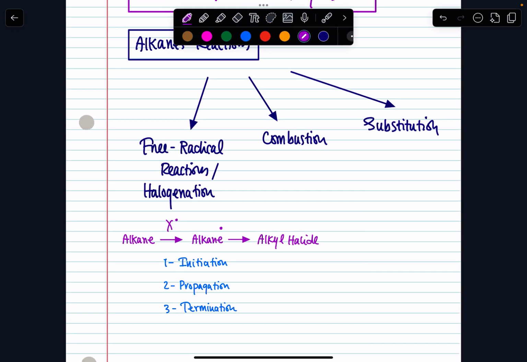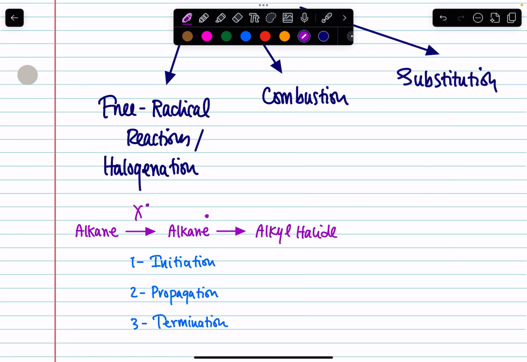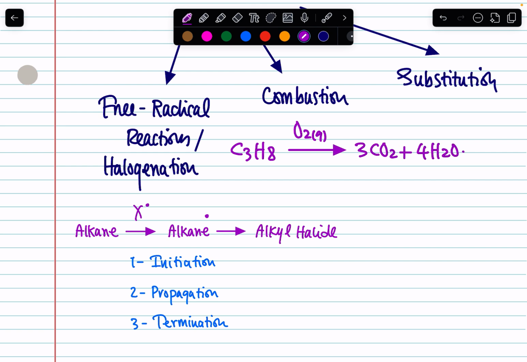Combustion reactions should be easy for you guys. You've seen that before. So let's just say I have C3H8, and let's say you have complete combustion with plenty of oxygen. In this case, you get 3 carbon dioxide CO2s plus 4 water plus lots of heat, of course, right?